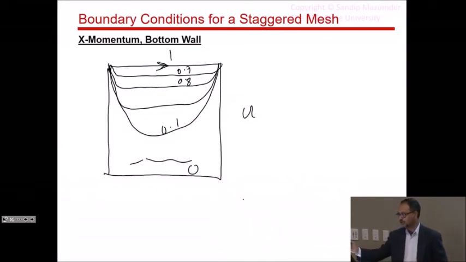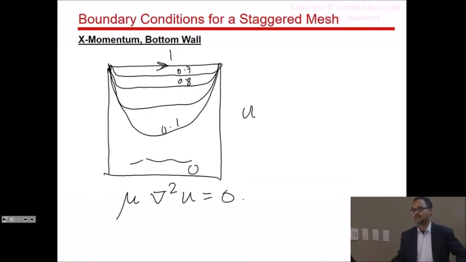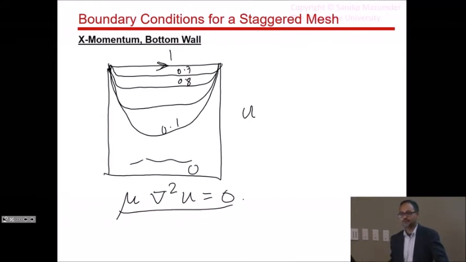So the equation really that I'm solving in the first iteration, first outer iteration, is really this. Because everything else has dropped out. There are no advective terms. There are no sources, right? So your Navier-Stokes equation has really reduced to this.